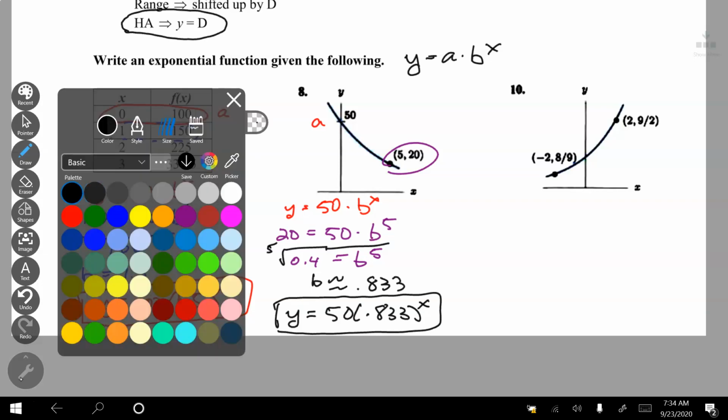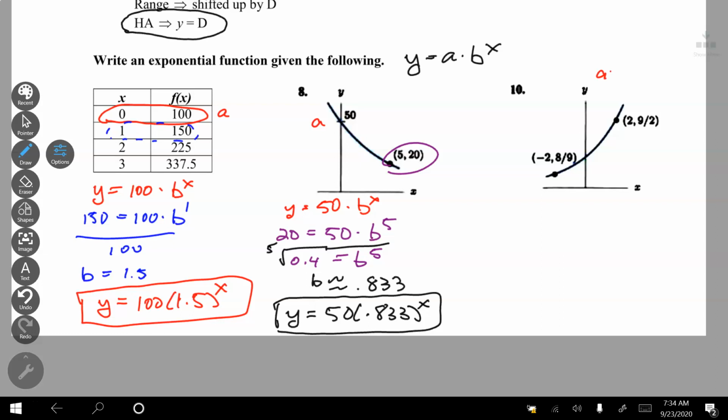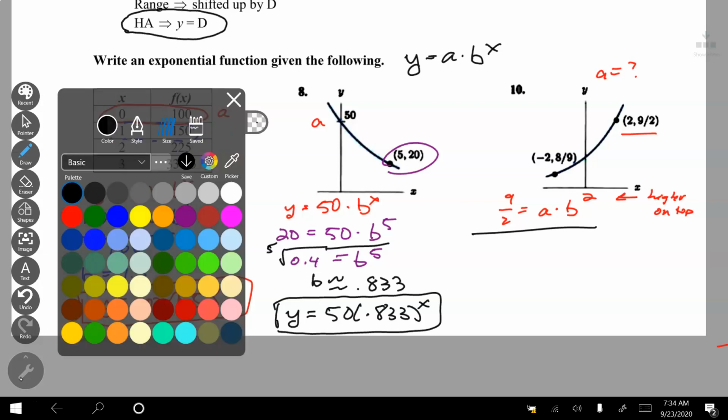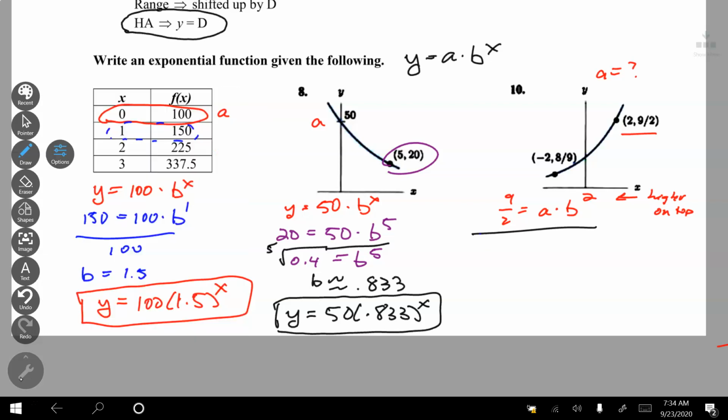Now it gets a little bit more difficult. I don't have my a value, so I have to set up a system. So I'm going to use this point first. 9 over 2 is equal to a times b to the second. Always put the higher x on top. And then the second part, 8/9 equals a times b to the negative 2.